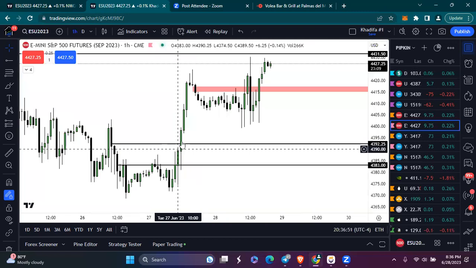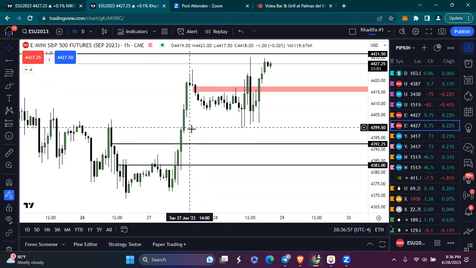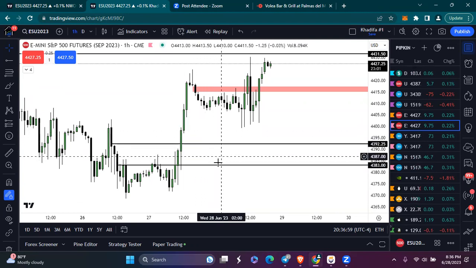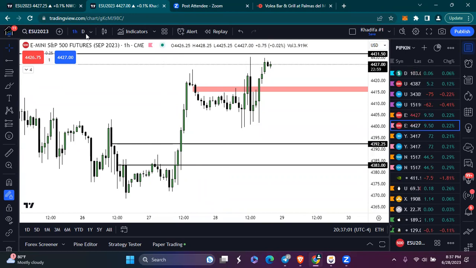Run this sell side liquidity and push down into this fair value gap in this sell side PD array.